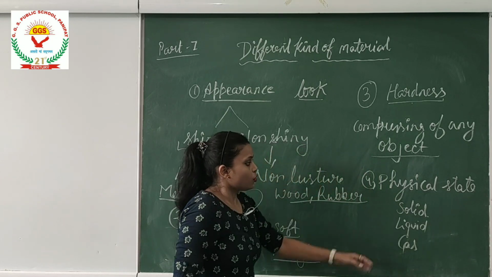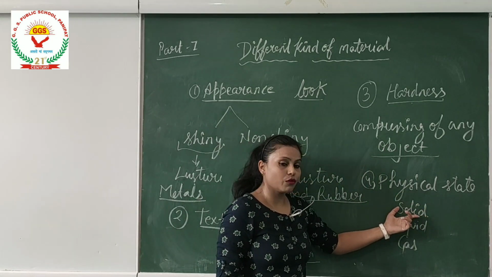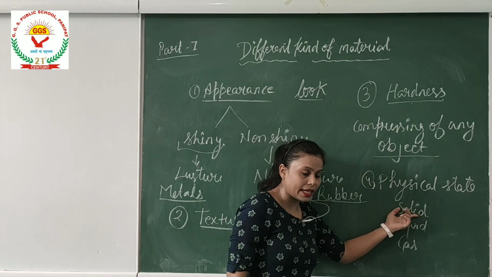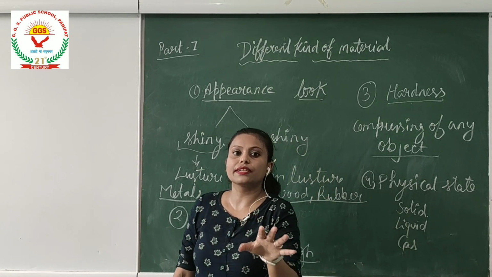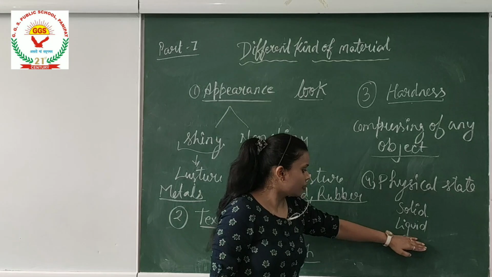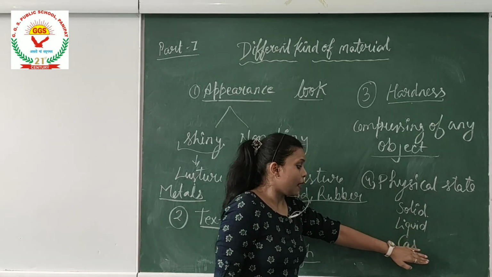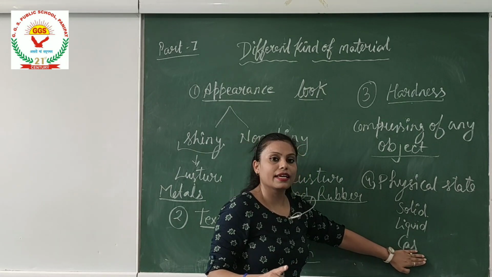Right? So physical state means whether the object we are considering is in solid, liquid or gaseous state. Suppose you are considering a chair. A chair is a solid. The juice you drink is a liquid, and the steam coming from your tea is a gaseous state.